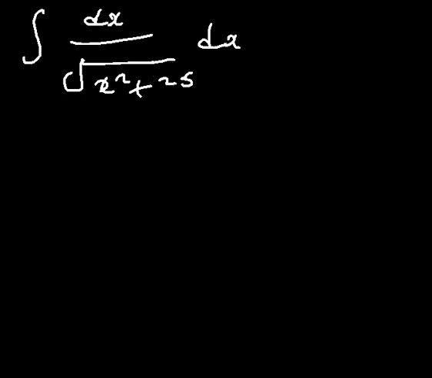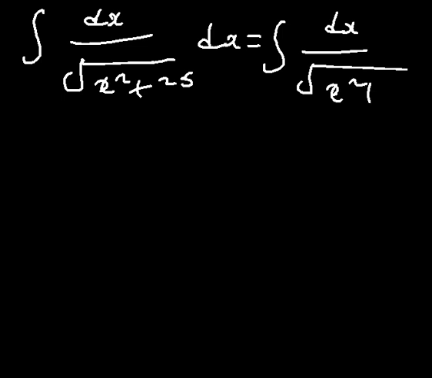We use the trigonometric substitution, where we have the summation of a constant as well as the variable. So this is the same as the integral of dx over the square root of x squared plus 5 to the power 2, and therefore a is given as 5.